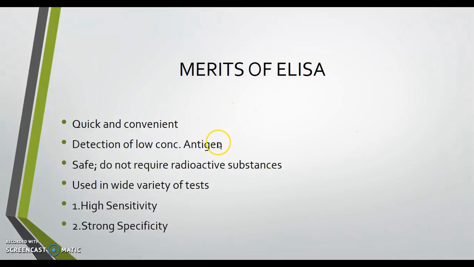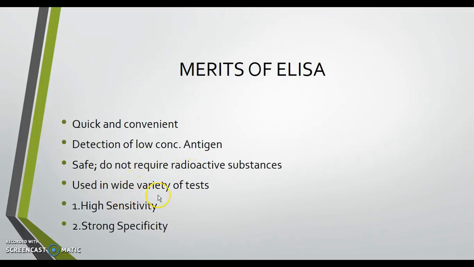Some importance of the ELISA. It is quick and convenient compared to some biochemical reactions. It detects low concentrations of antigen because of the enzyme that is used. As I mentioned before, it has the ability to detect small molecules in a reaction and it amplifies them. It is safe, because it doesn't contain any radioactive substances, some of which are hazardous to our health.